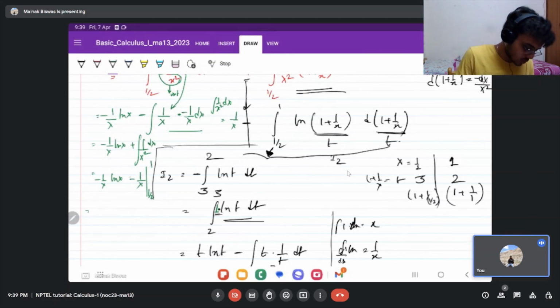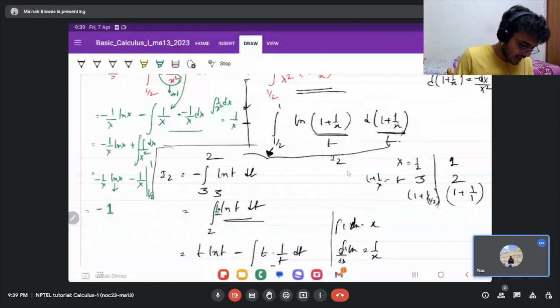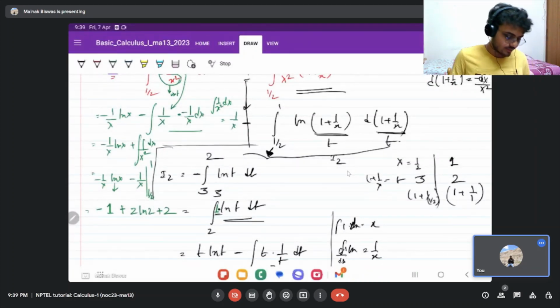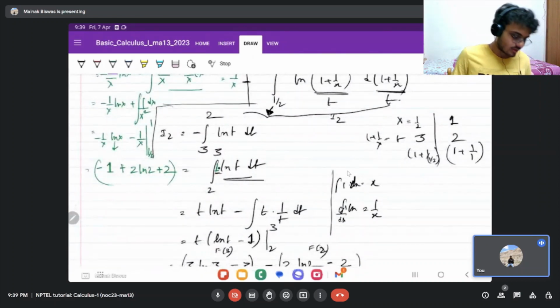At 1 this goes to 0, so you have only minus 1, and at half you have plus 2 log 2 plus 2, right? So this is your first integral and this is your second integral.